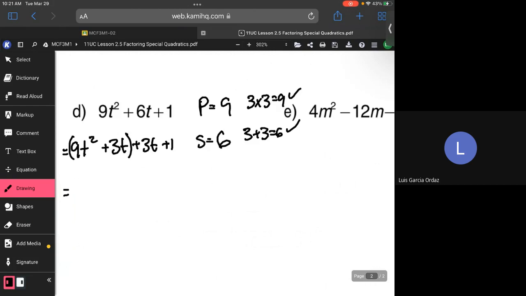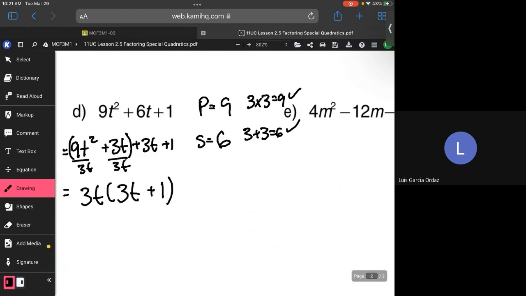What's the greatest common factor between 9t squared and 3t? 3 what? 3t. Which means I divide each of these by 3t. So 9 divided by 3 gives me 3. t squared divided by t is just t. And then the next one is 3t divided by 3t. So anything divided by itself gives me what? 1.